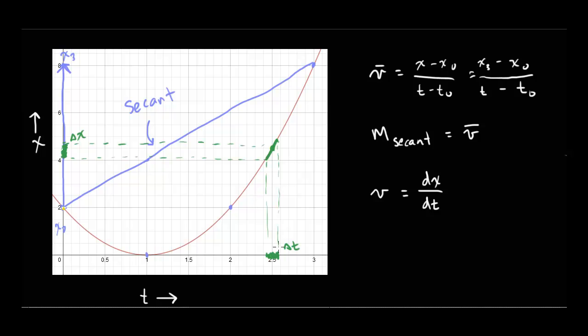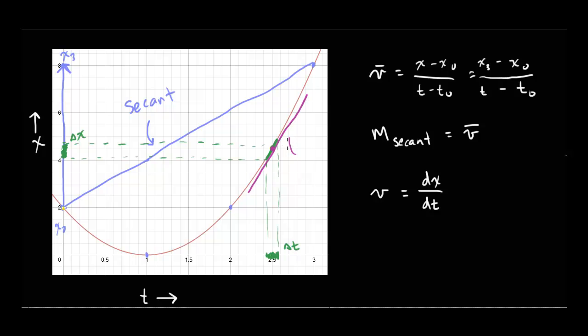So what I have to do is imagine shrinking this delta t to 0. And what happens to this secant line when delta t becomes 0? Well, it's no longer a secant line. It becomes, of course, a tangent line. So the slope at this point, the slope of the line tangent, in terms of the graph, that's really not a good tangent line.